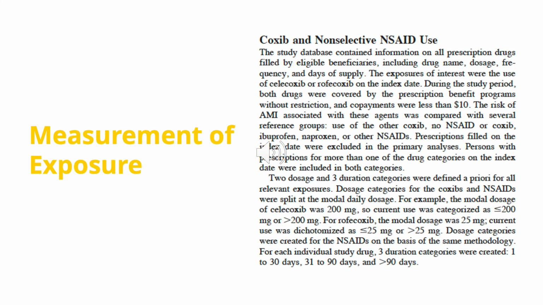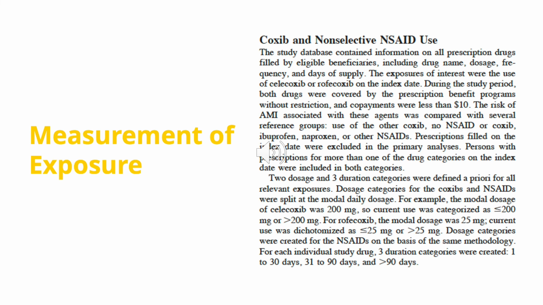When they say they looked at filled prescription drugs, they likely looked at billings from health insurance when a patient goes to the pharmacy and picks up their medication. They have information on that, and then they use this information in order to infer whether or not a patient is exposed to a particular medication.